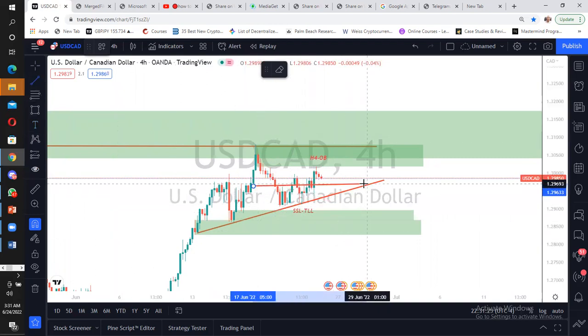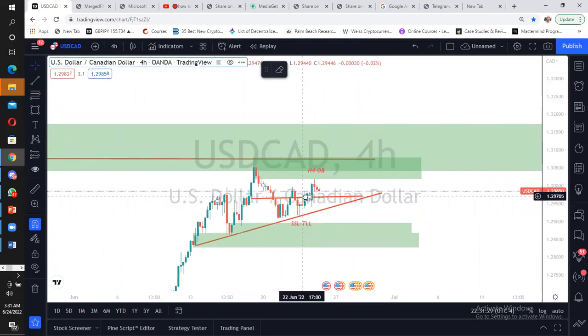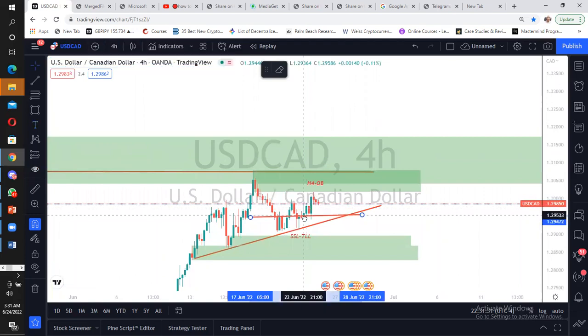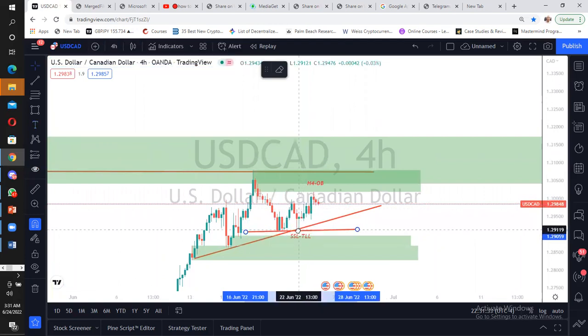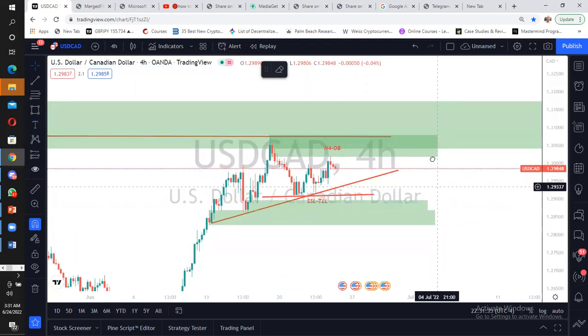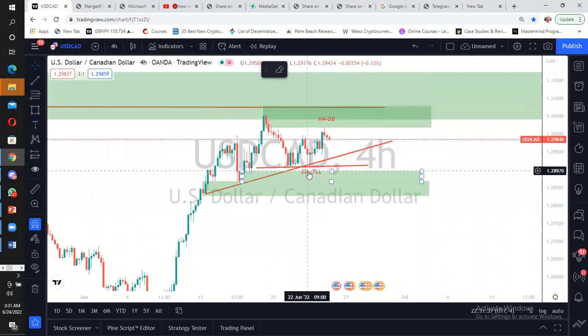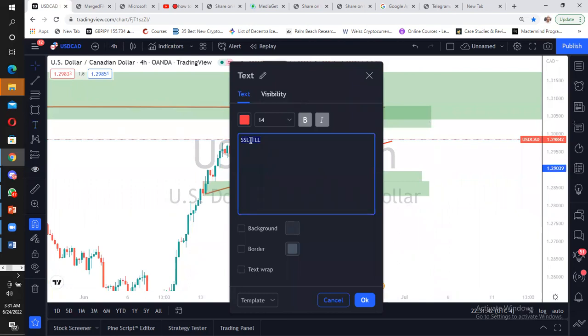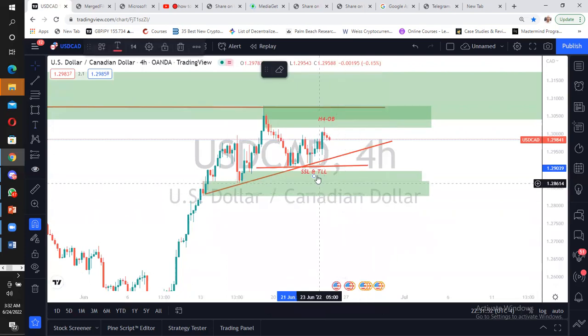So we'll have both the sell stop liquidity and trend line liquidity. So that's what we'll have here.